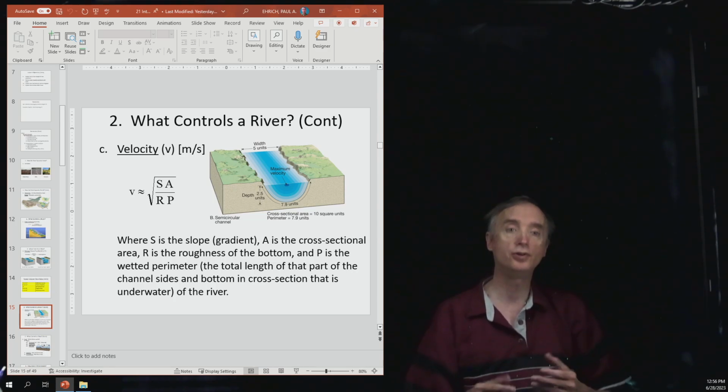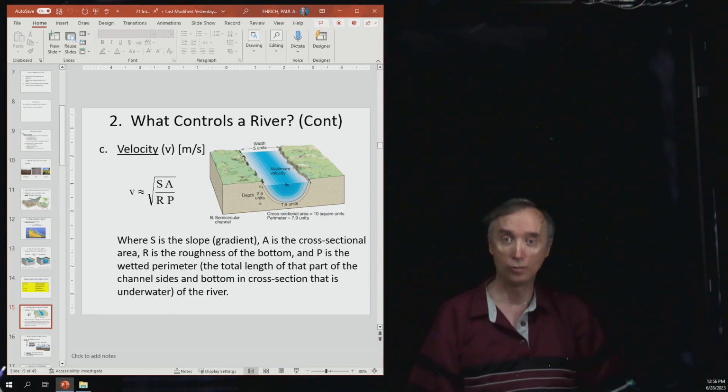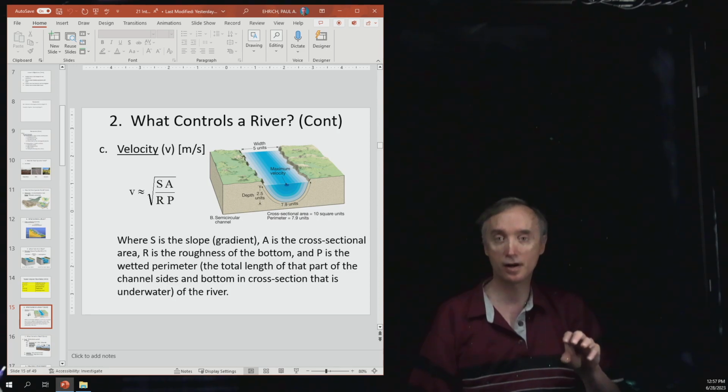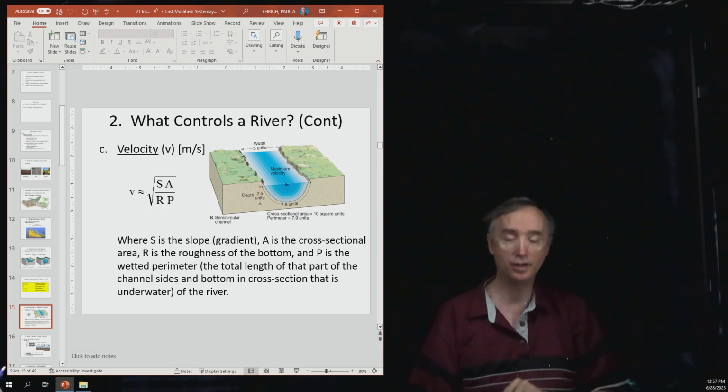I could give you a question like, if the slope increases on a river, what's going to happen to the speed of the river? Well, it's going to increase, and you can see that from the formula because S is on the top part of that fraction. So if S increases, V has to increase. Also, if A increases, the area increases, V has to increase.